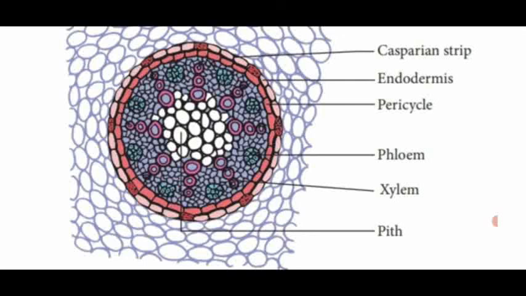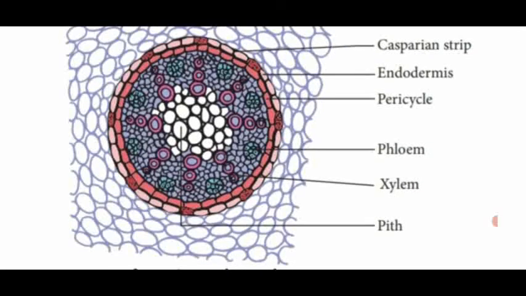Then the protoxylem elements are facing the periphery or margin. So exarch condition. Then the xylem and phloem are connected or separated by a conjunctive tissue made up of sclerenchyma. Here sclerenchyma. In dicot, what is that one? Parenchyma cells.